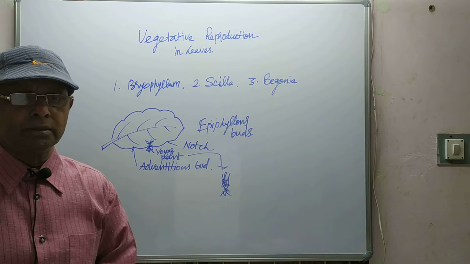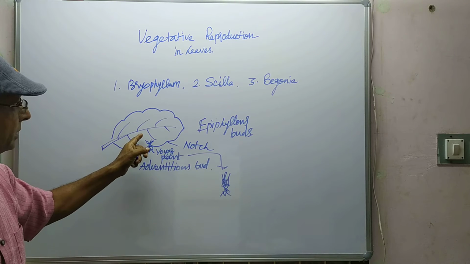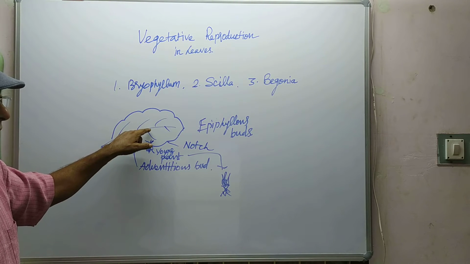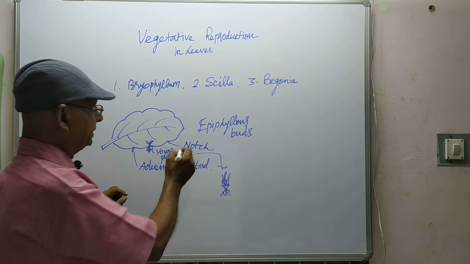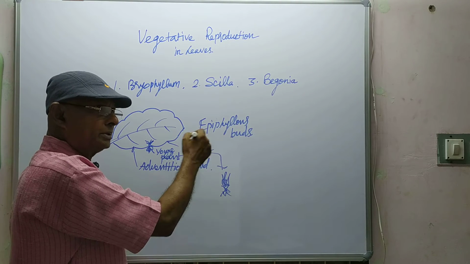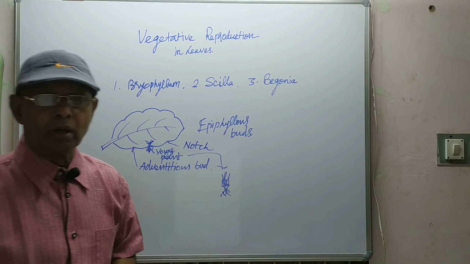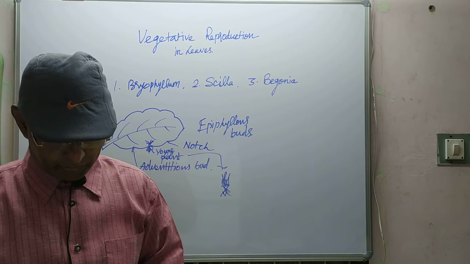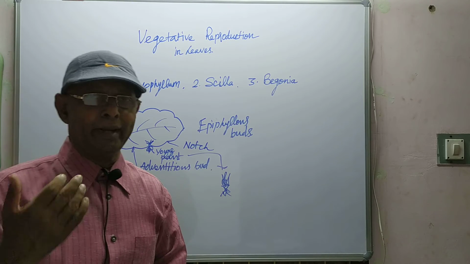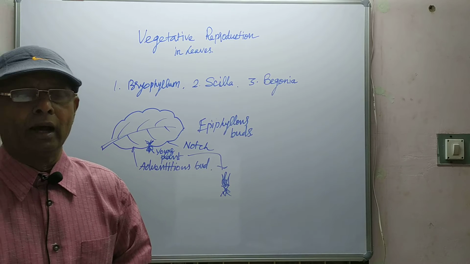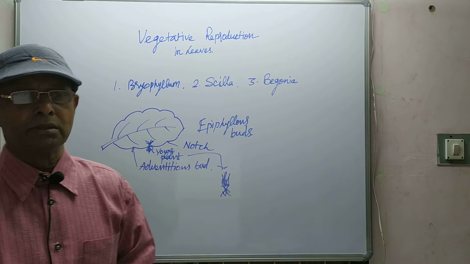Epiphyllous buds means when any bud is produced on the margin of the leaf, or at the middle of the leaf lamina, or at the tip of the leaf lamina, and that gives rise to a new plant later. What are epiphyllous buds? When a bud develops from any part of the leaf lamina and grows into a new plant later, that is called an epiphyllous bud.